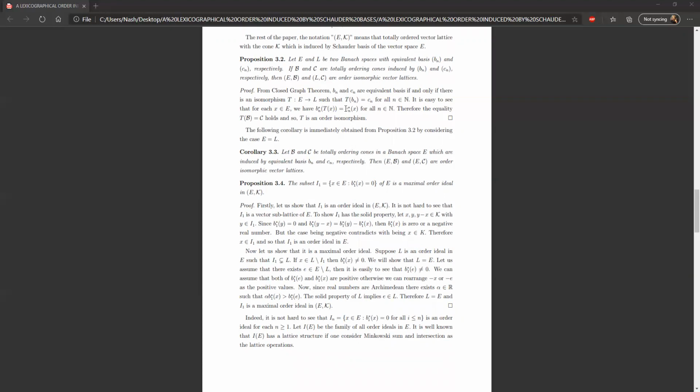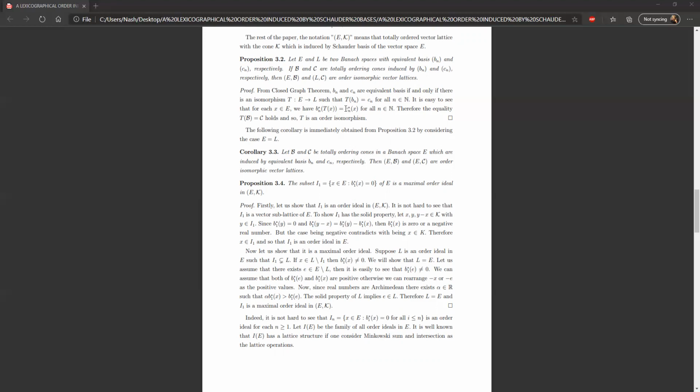By using this projection, we can also prove an order property, which is known as a maximal order ideal in this structure. So an order ideal is similar to an ideal of fields.